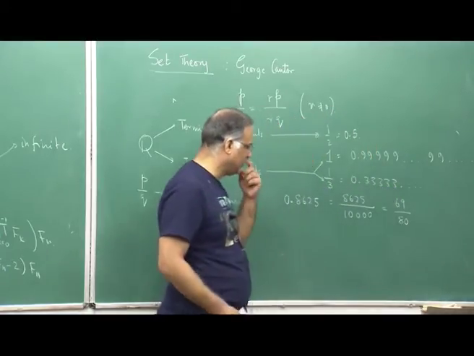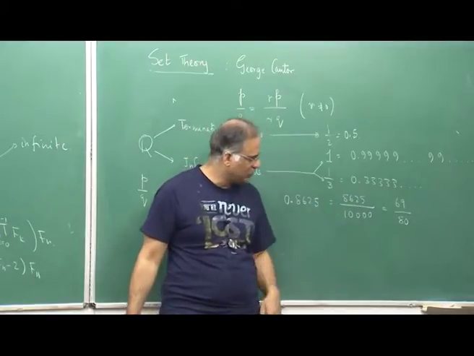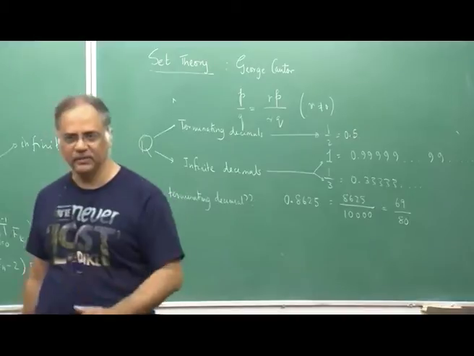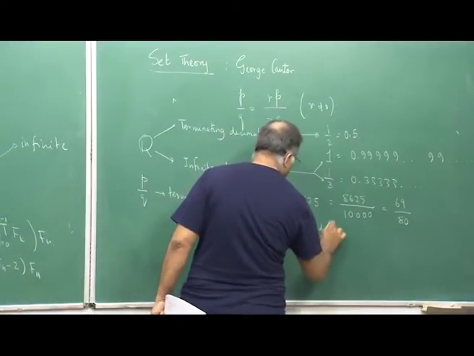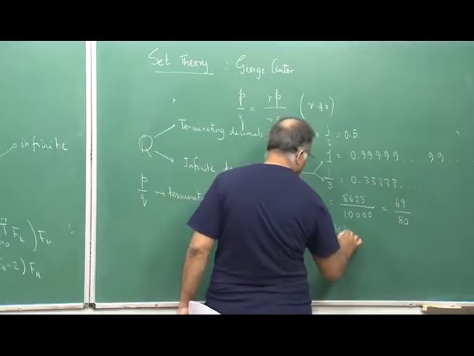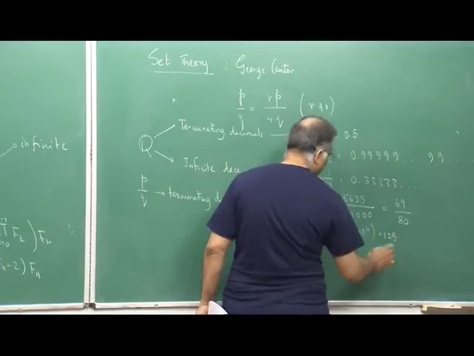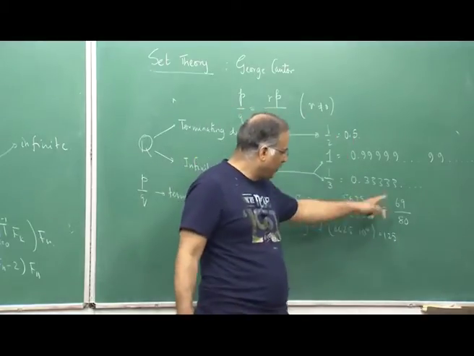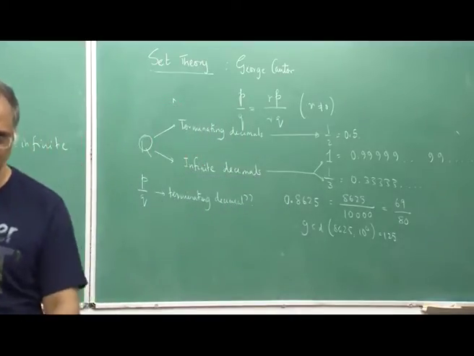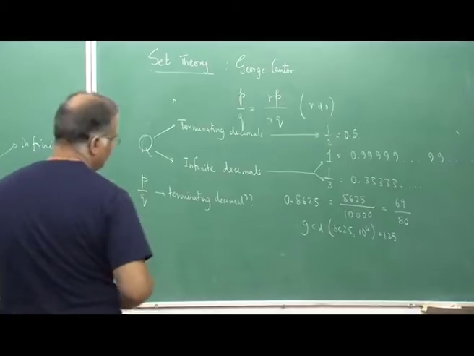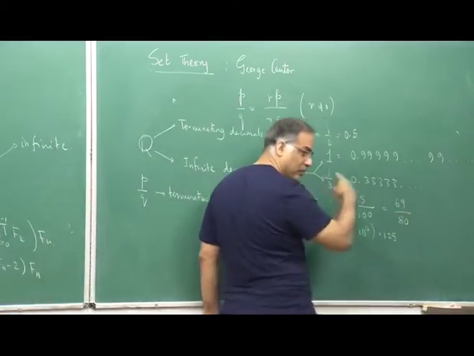You observe that the greatest common divisor, or HCF, whatever you want to call it, GCD, between 8625 and 10 to the power 4 is 125. So, we have basically divided both sides by the greatest common divisor. Now, this is a terminating decimal, and we have brought it into a rational number form.